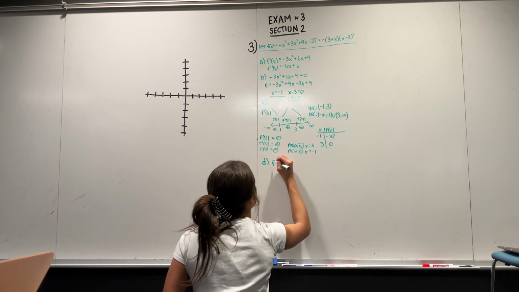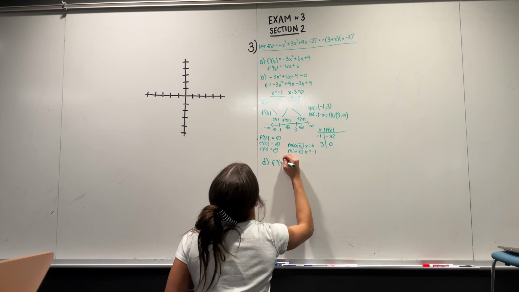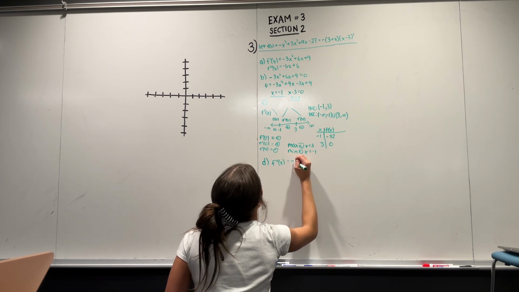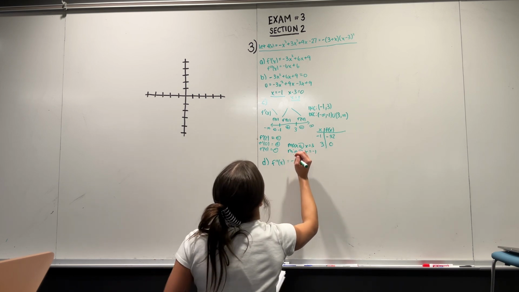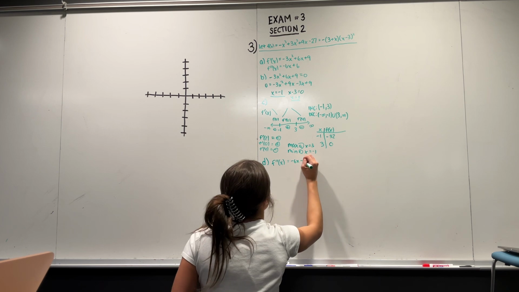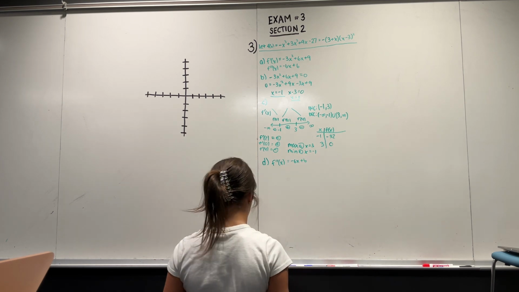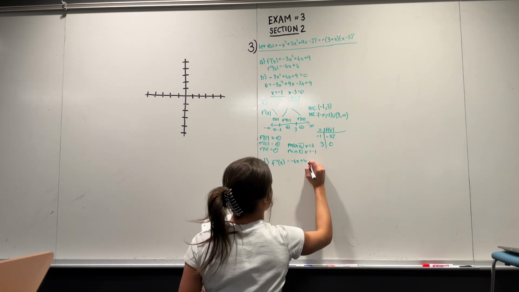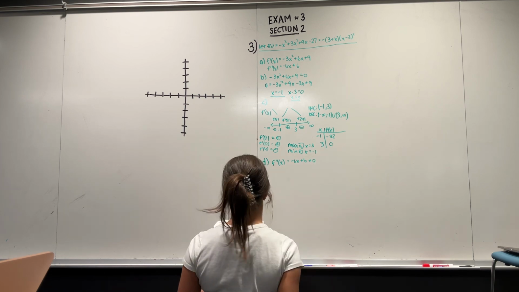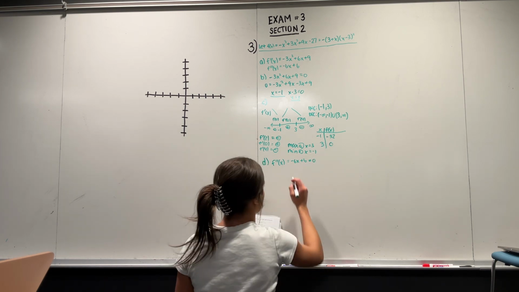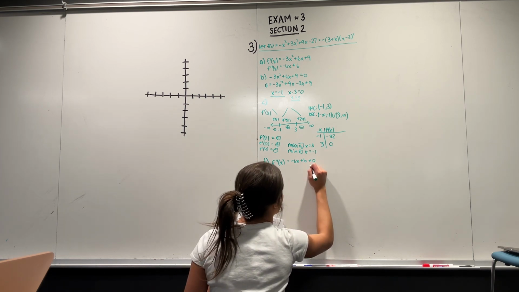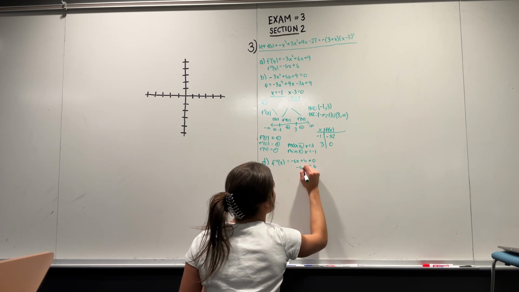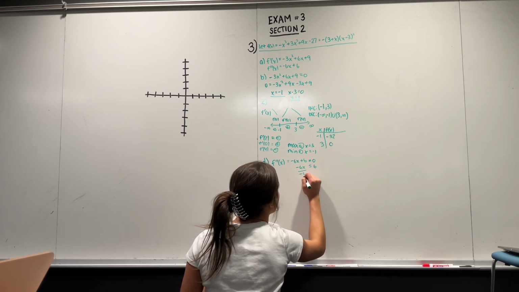So our second derivative equation is f double prime of x equals negative 6x plus 6. And we're going to do exactly what we did earlier, and set it equal to 0. For this one, we can just move it around. So this will become 6 equals negative 6x, and then we'll divide by negative 6.